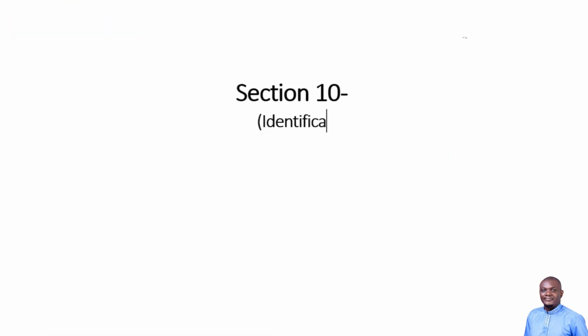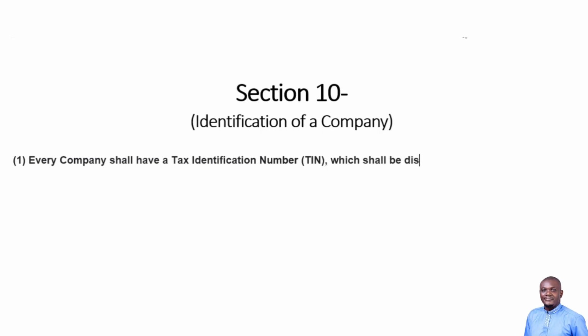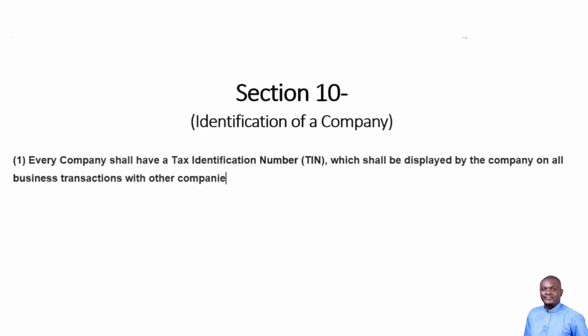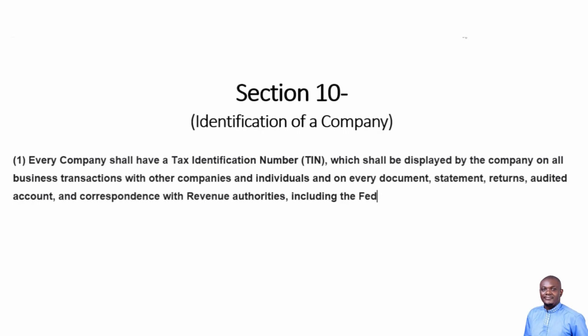Section 10. Identification of a company. Every company shall have a tax identification number which shall be displayed by the company on all business transactions with other companies and individuals and on every document, statements, returns, audited accounts, and correspondence with revenue authorities, including the Federal Inland Revenue Service, ministries, and all government agencies.